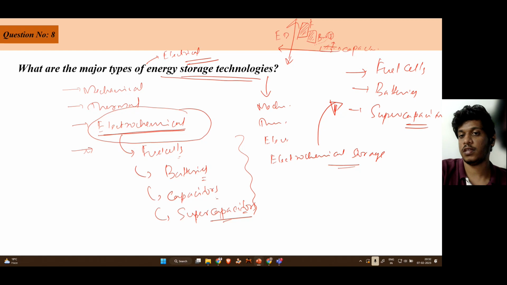So this is energy density, this is power density. These are the basic energy storage technologies.